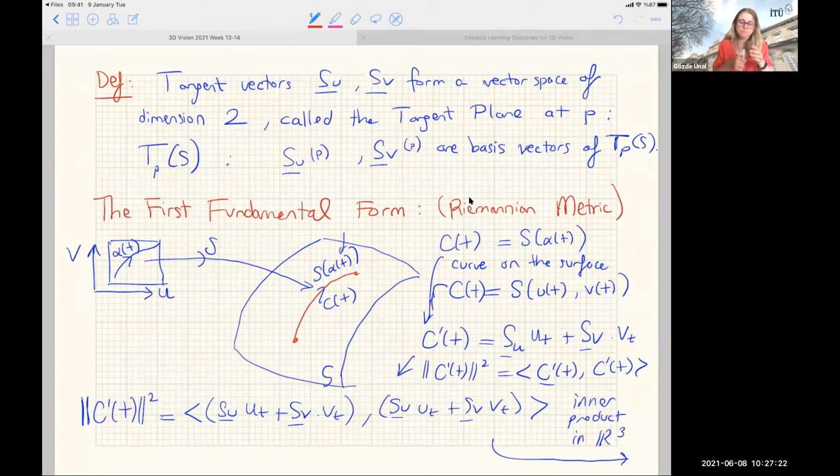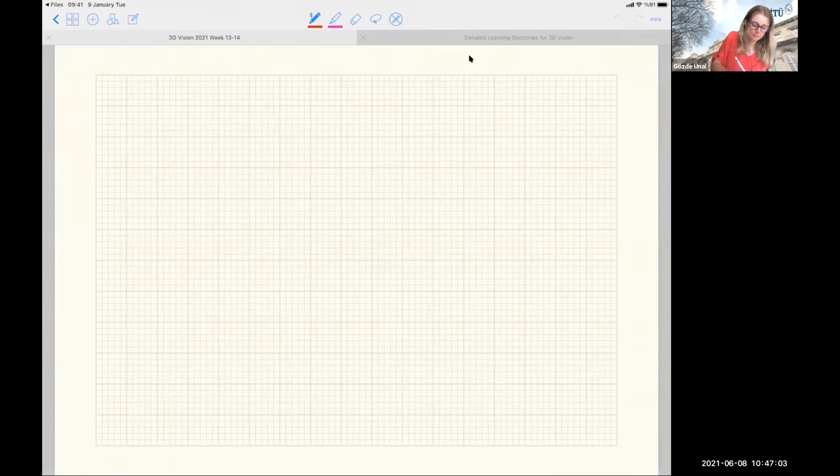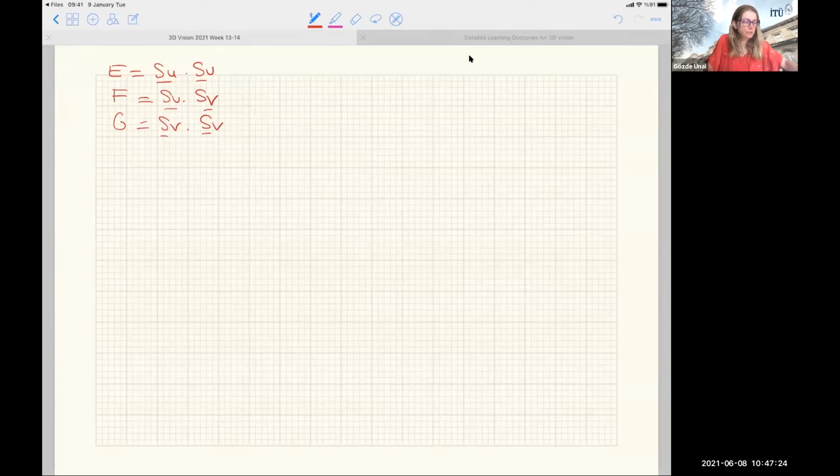So we just defined the first fundamental form where E was the first tangent vector dotted with itself, F was SU dot SV, right? And G was SV, the other tangent vector, dotted with itself. These were my first fundamental form coefficients.